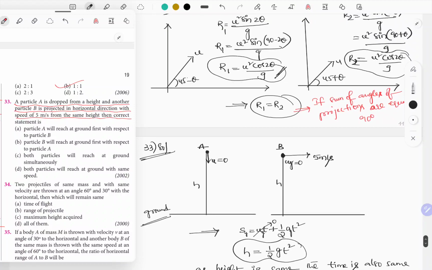One more thing, I will give you that hint, make it as a note.